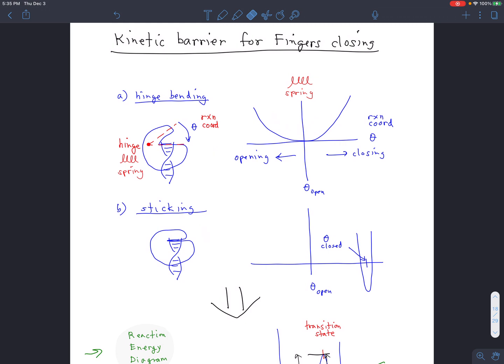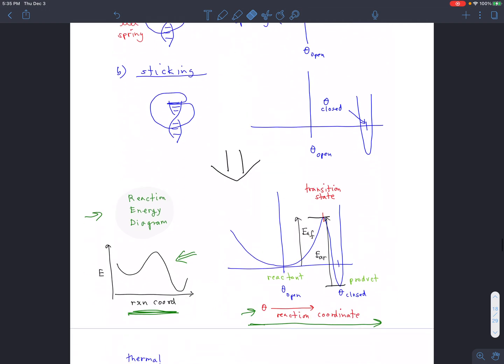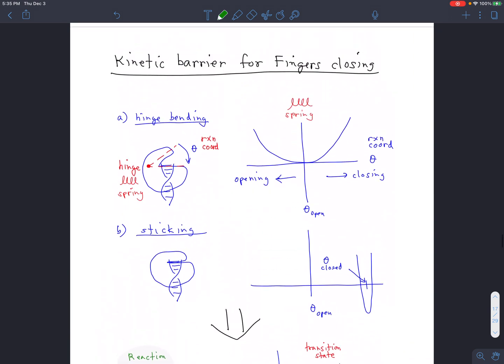That's why nobody ever specifies in a freshman level sort of thing, or even in our class, people rarely ever specify what that reaction coordinate is, but it's real. It's not some fake thing. It's not just a random idea. In this case, at least, we can see that it's a concrete geometric variable. It's the bending angle for the fingers.